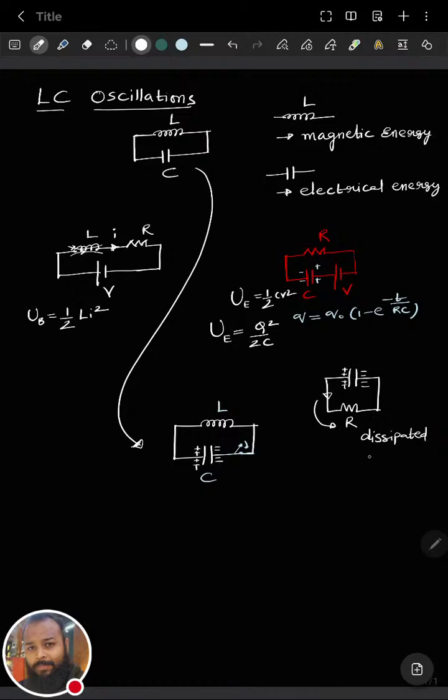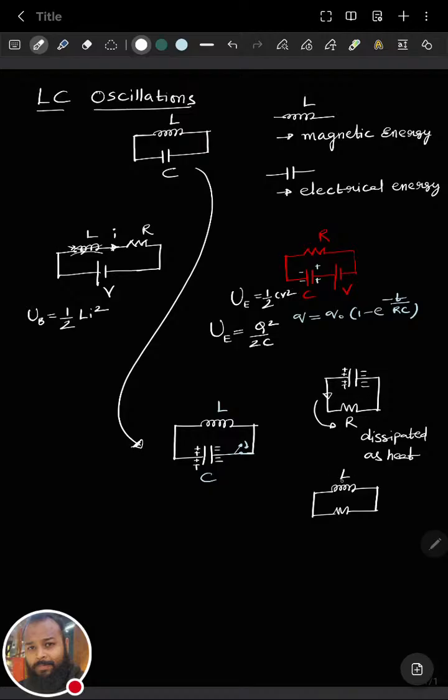Dissipated as heat. So when you connect a fully charged capacitor to a resistor, energy is lost as heat. And also this one: when you take an inductor which is already storing magnetic energy and you connect it to a resistor, we are talking about decay of current, and in this other case we are talking about discharging of a capacitor.